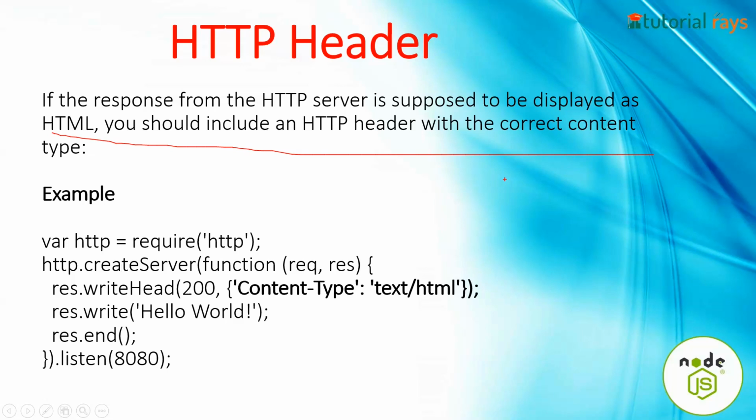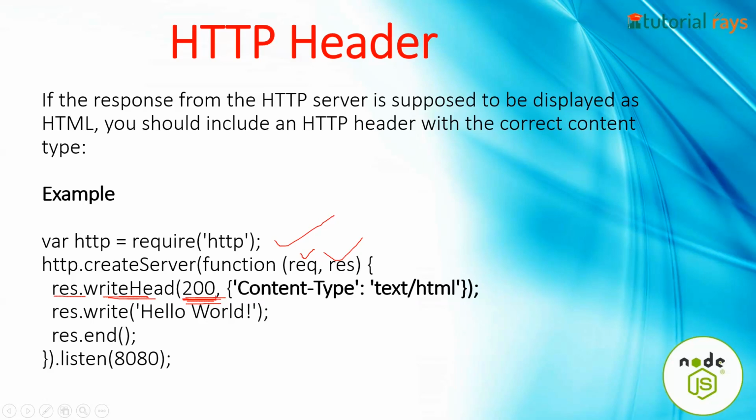Okay, so for that what we need to do here, you can see this is the same. We are creating this HTTP module and then create server, request and response. Same here, we are writing response.writeHead, and then this is the port number. This is called status code. I will explain, there are different status codes.